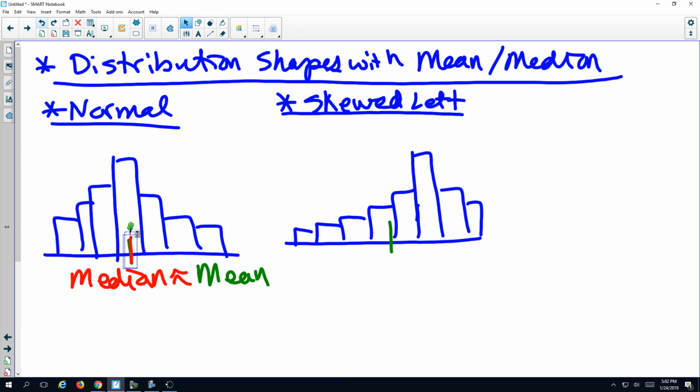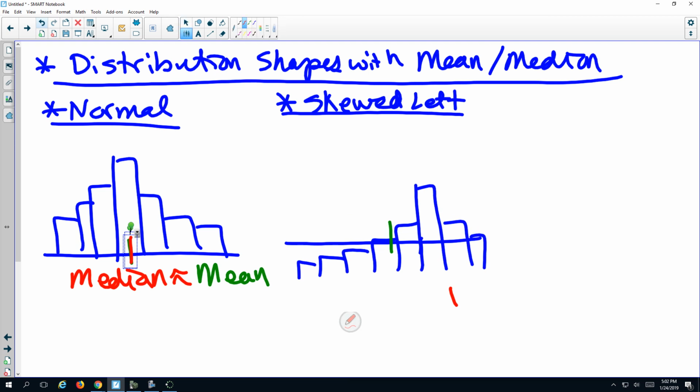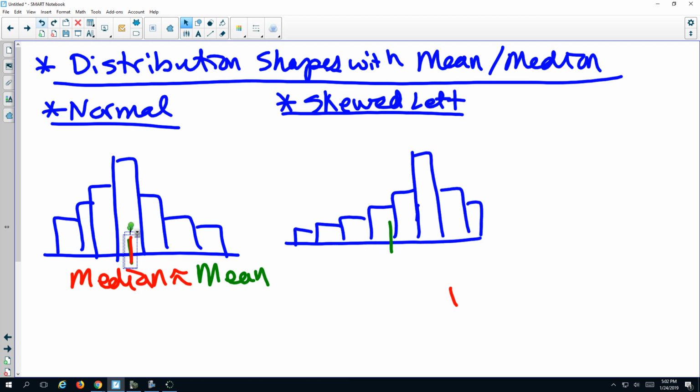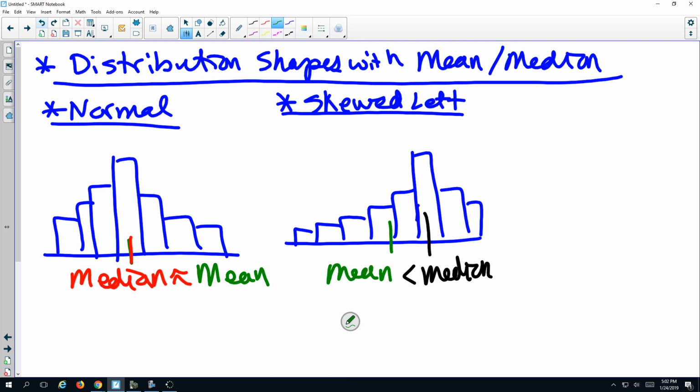Come on, red. Green works. Red is going nuts. Let's use black. So here my median would be over here. So the median would be greater than the mean. Right?